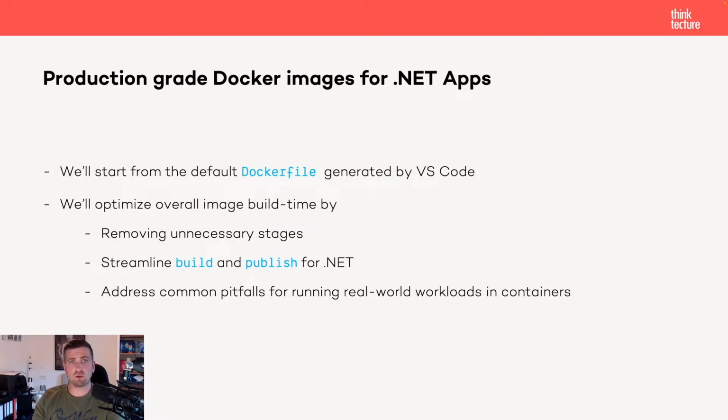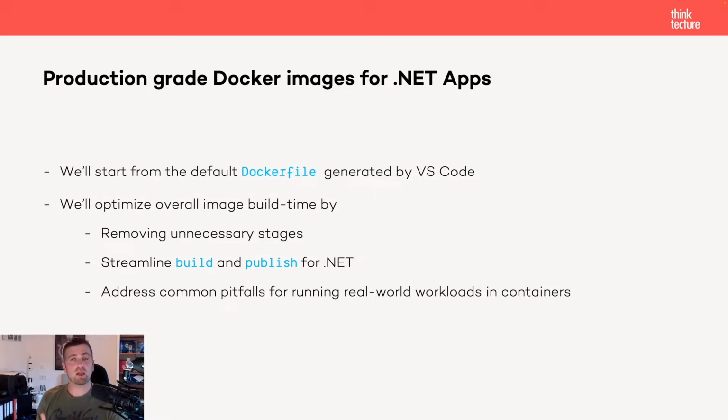The good thing, we do not have to start from scratch over here. I have Visual Studio Code installed on my machine, and I use the official Docker extension that's provided by Microsoft that we can ask to generate a Docker file for us. And from that Docker file, we will start optimizing it. There's some plumbing that we could get rid of.